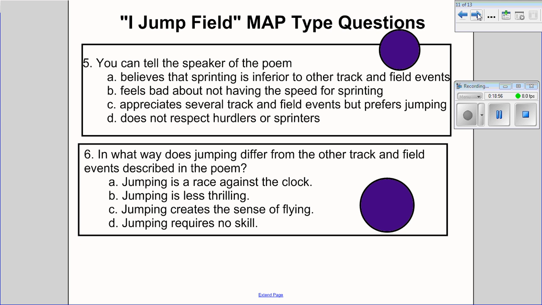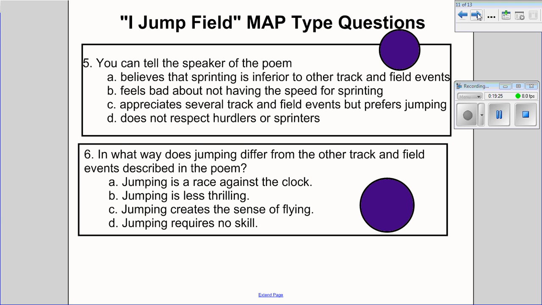All right, I earlier told you to number till 5. Go ahead and add number 6 on there. Please answer these 2 questions, pause the video, and then start it back up once you've answered them. All right, 5 is asking us, you can tell the speaker of the poem believes that sprinting is inferior to other track events, feels bad for not having the speed for sprinting, appreciates several track and field events but prefers jumping, and does not respect hurdlers or sprinters.